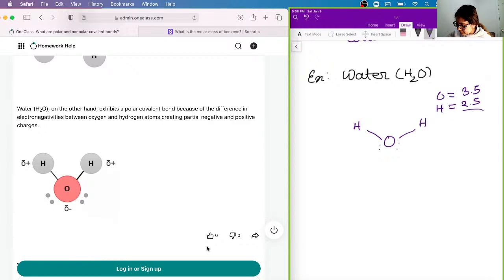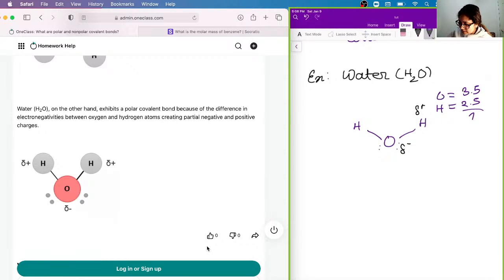You can see the difference is 1, so there is a high electronegativity difference. So this is a polar bond, and the more electronegative atom, the one with the higher number, would have a delta negative, whereas the lower one would have a delta positive.